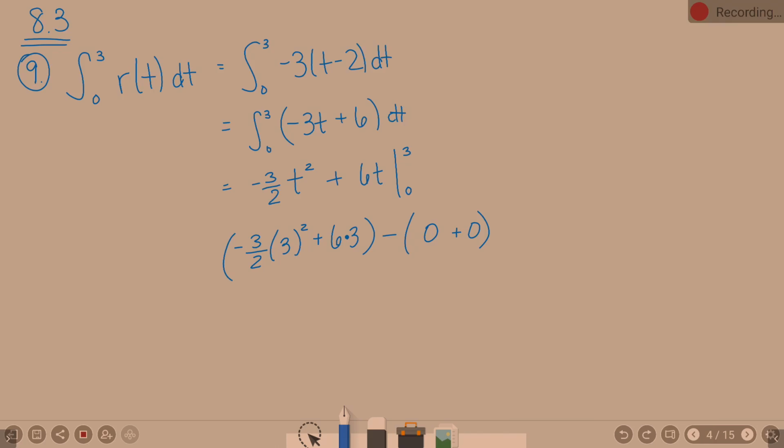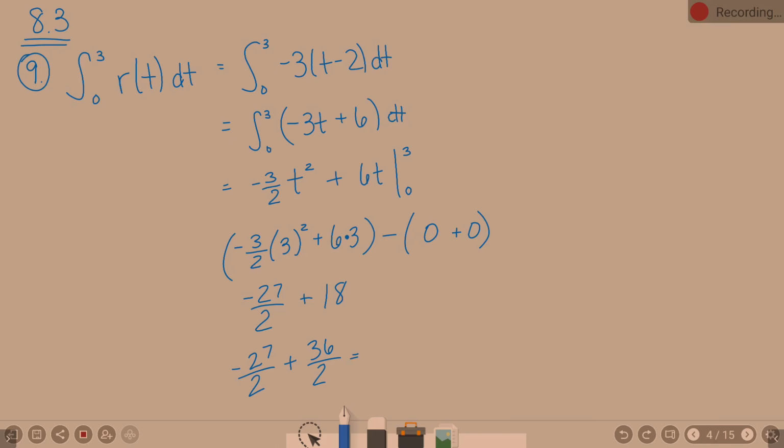Okay, so let's do some math. 3 squared is 9. 9 times 3. So negative 27 halves, if you will. Plus 18. If I'm truly doing this without a calculator, I'm going to make this a common denominator and say negative 27 halves plus 36 halves.